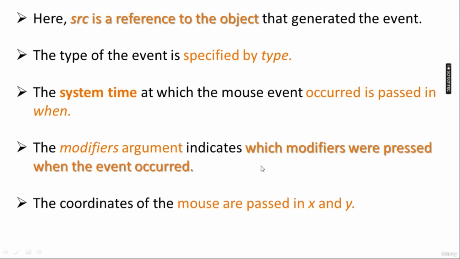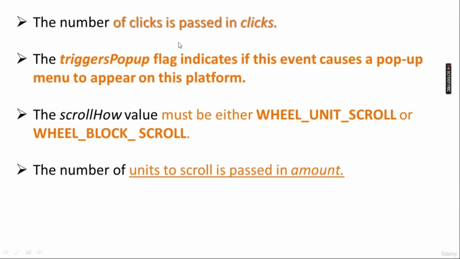The modifiers indicate which modifiers were pressed when the event occurred. The coordinates are given in x, y. The number of clicks is given in clicks. All the parameters are the same as the mouse event, only a few are added over here. TriggersPopup indicates if the event causes a pop-up menu to appear on this platform. ScrollHow must be either WHEEL_UNIT_SCROLL or WHEEL_BLOCK_SCROLL, the constants we have right now.